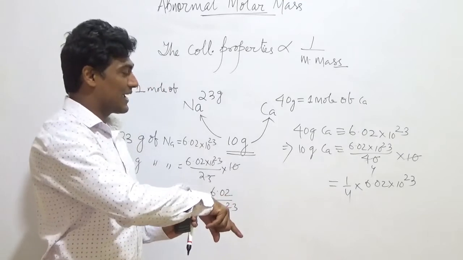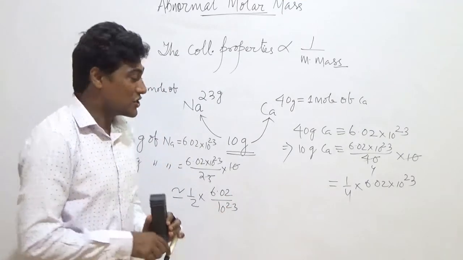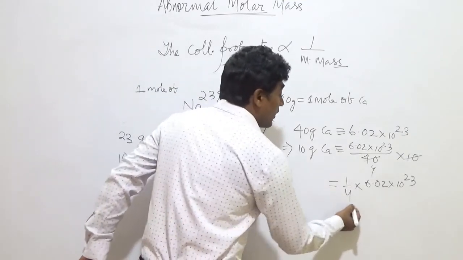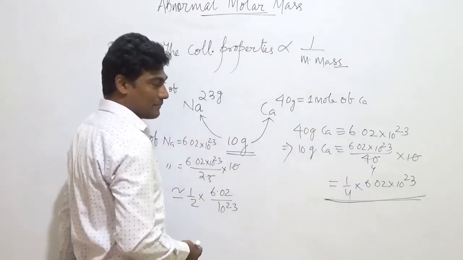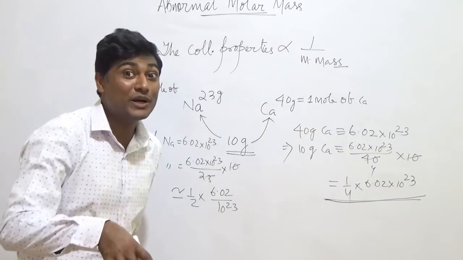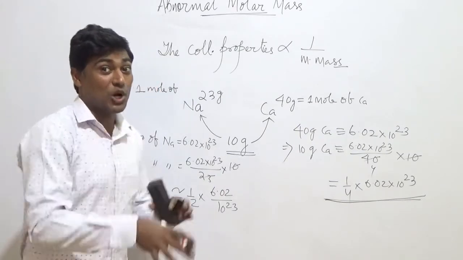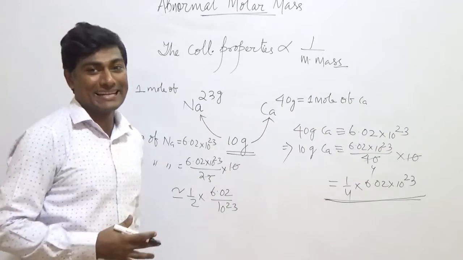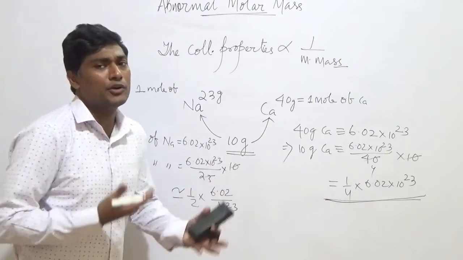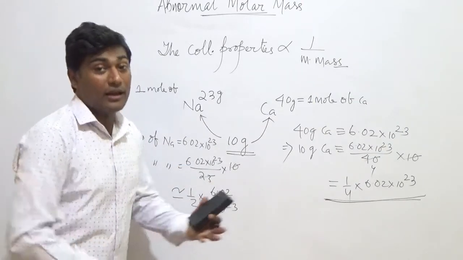Now we are going to get the conclusion. When less is the number of particles, less will be the colligative property, because the colligative property is directly proportional to the number of particles. Higher is the number of particles, higher will be the colligative property.